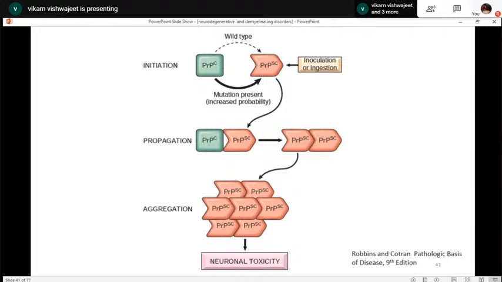This conformation change can occur from exogenous sources such as contaminated food or medicines, and once the PrPSc is generated, it converts additional molecules of cellular prion protein into PrPSc, and these become aggregated, and ultimately it leads to formation of aggregates.